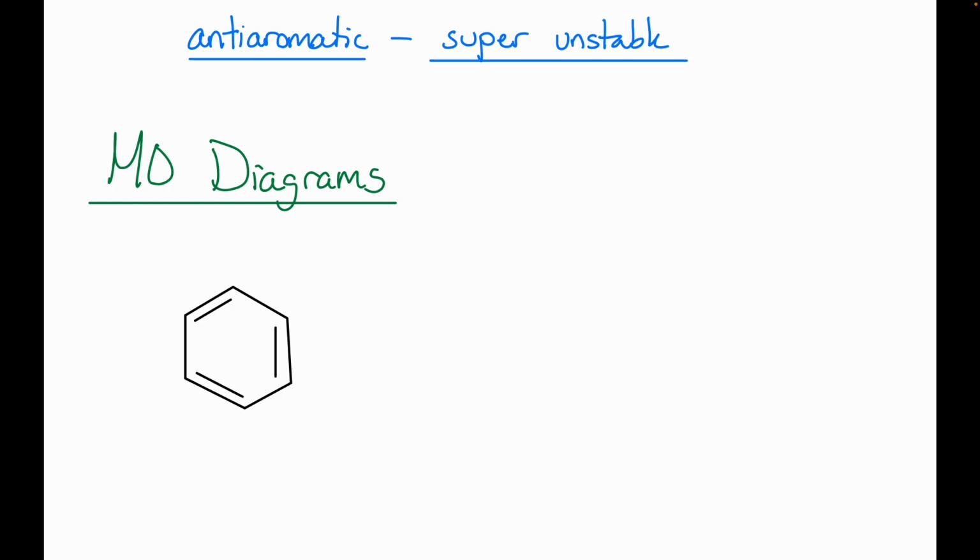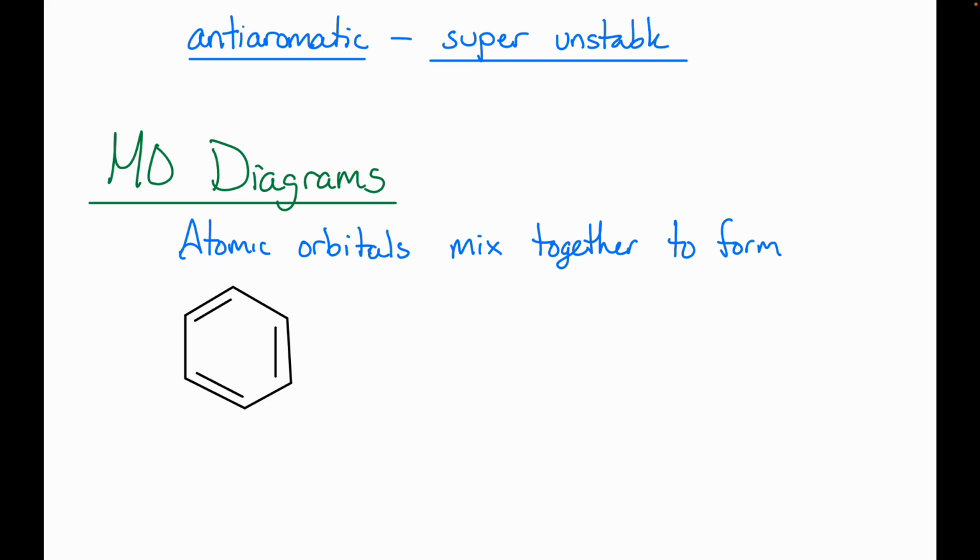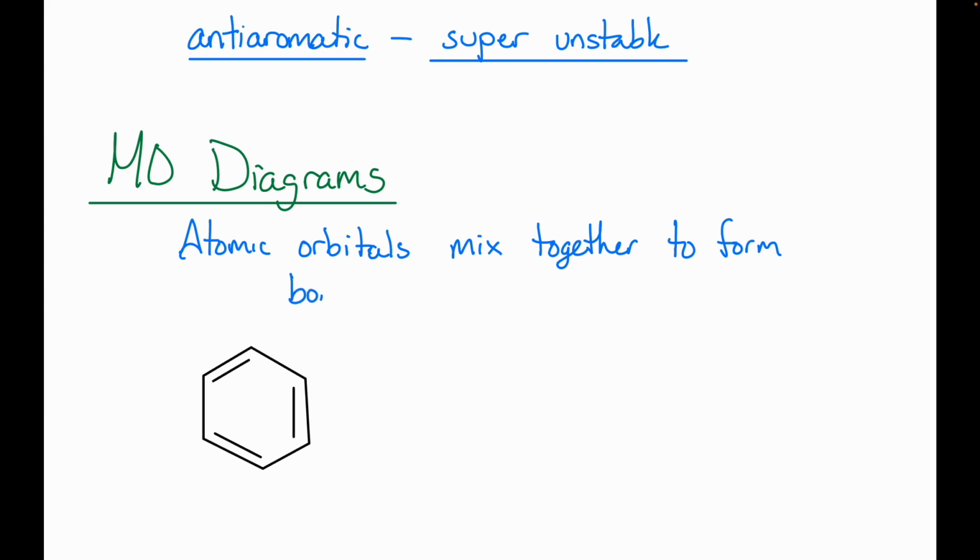All right, so in molecular orbital theory, your atomic orbitals mix together to form bonding orbitals, what we call molecular orbitals.